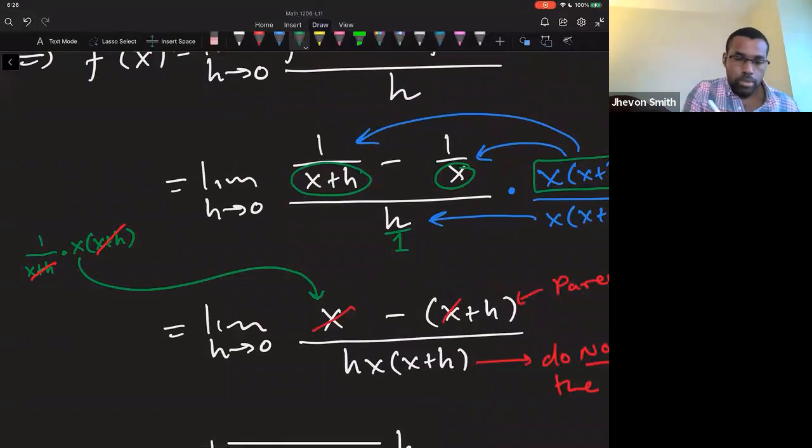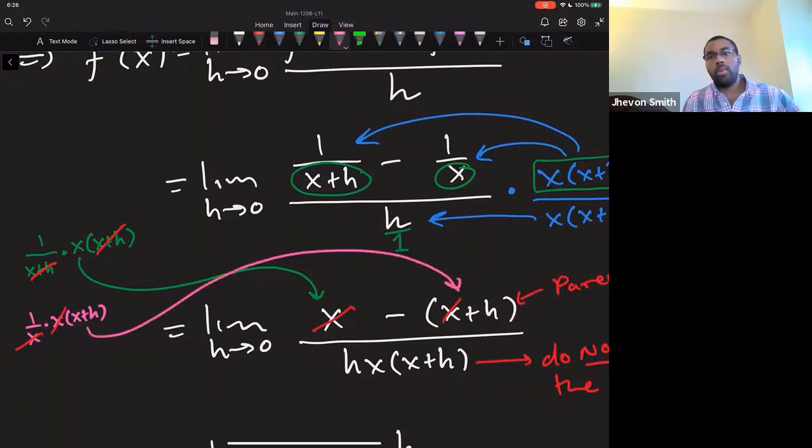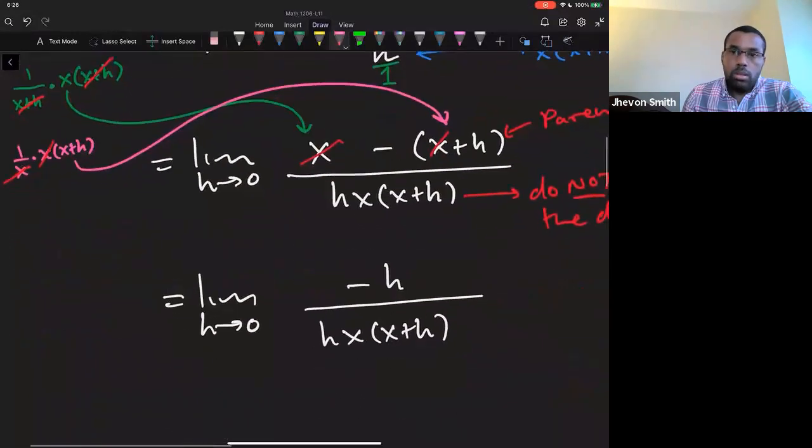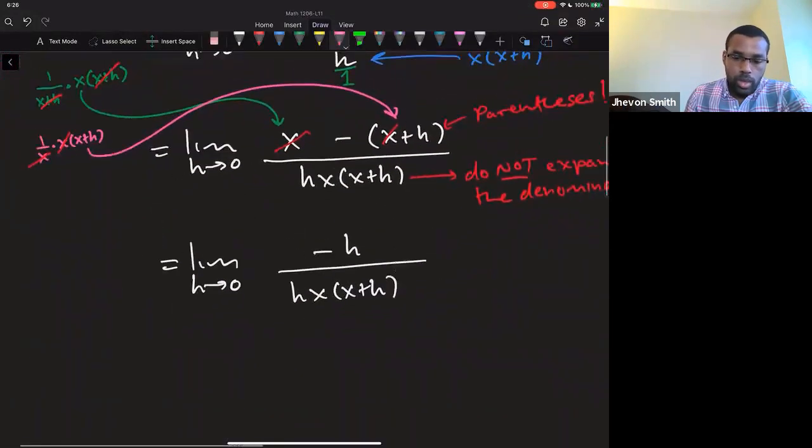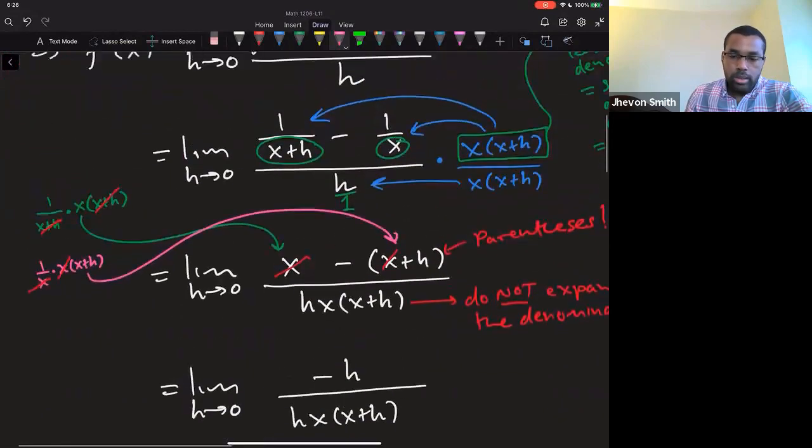And similarly, if I have 1 over x multiplied by the LCD, the x times x plus h, then the x's would cancel, and I'd be left with the x plus h, which just goes here. After that, I just expand the parentheses, simplified. So hopefully you get that. That's what I'm doing here.